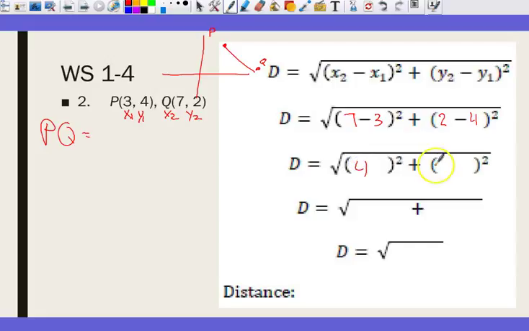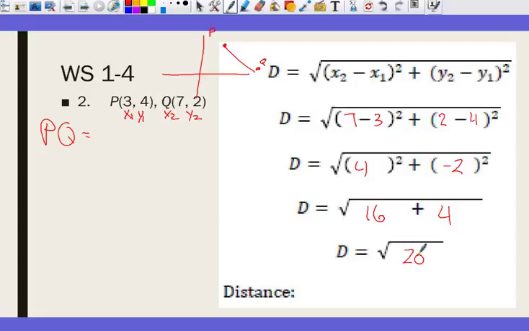What's 2 minus 4? Negative 2. What's 4 squared? What's negative 2 squared? 4. It is not negative 4. Negative times a negative is a positive. So negative 2 times negative 2 would be a positive 4. What's 16 plus 4? 20.